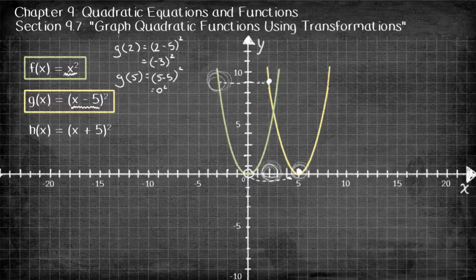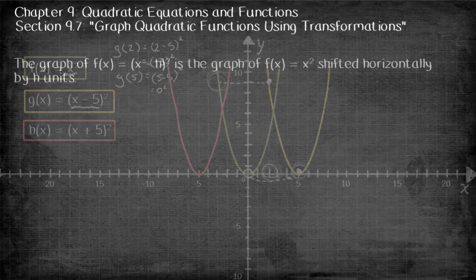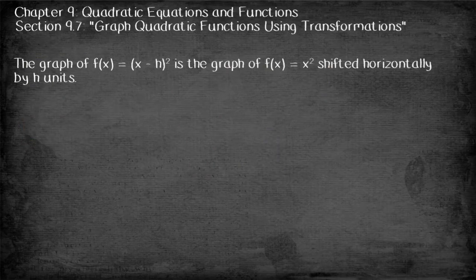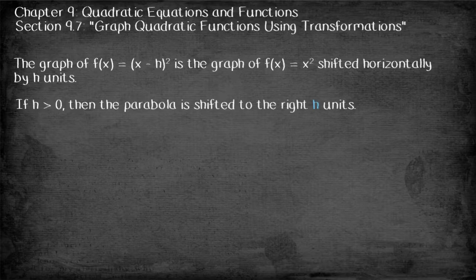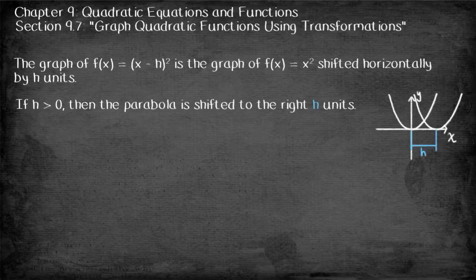It's the same deal for h of x. If you have a plus 5, you're instead moving in the other direction. So the graph of f of x equals x minus h, squared, is the graph of f of x equals x squared shifted horizontally by h units. If h is positive, then the parabola is shifted to the right by h units.